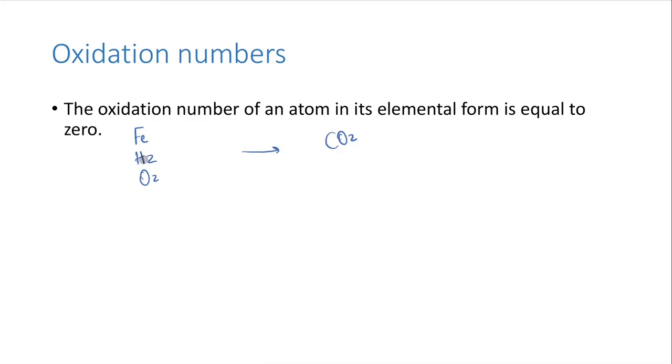It shouldn't be H2O. The oxidation number of H in H2O is not equal to 0, but the oxidation number of H in H2 is equal to 0. So as I've mentioned, the oxidation number of an atom in its elemental form is equal to 0.